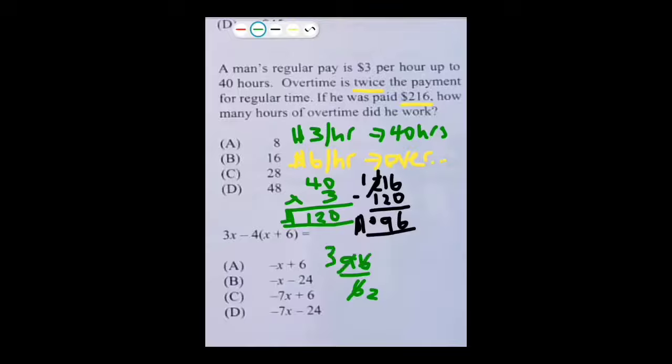So 3 into 6 is 2, 3 into 9 is 3, and 3 into 6 is 2. So we have 32 divided by 2. 2 into 3 is 1 with 1 remainder, and then 2 into 12 is 6. So our answer is 16 hours for overtime work. So by simplifying this, we can find our answer, and our answer should have been 16.